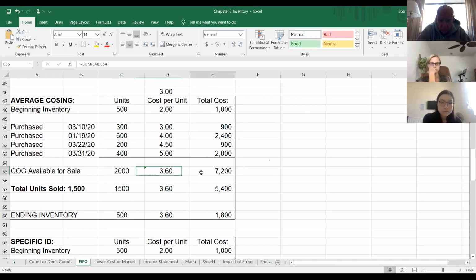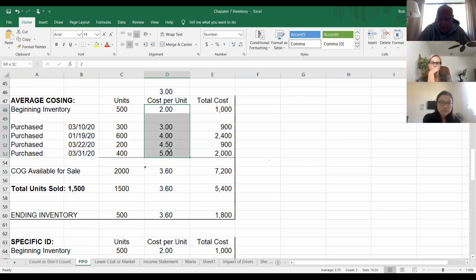That was the total cost. You see that 360? That's simply the average on that line. This total dollars available divided by total units equals the average cost, okay? Don't make this mistake students make. They add these 5 numbers down and average them.